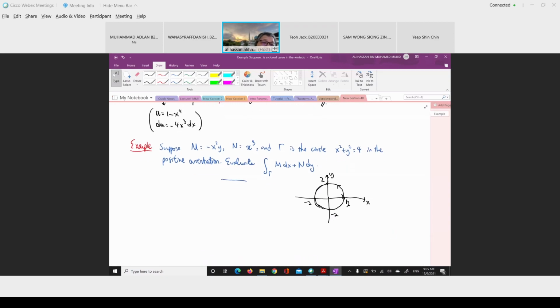So by Green's theorem, this line integral M dx plus N dy is equal to the double integral, where we call R the region bounded by this circle, of the integrand N partial x minus M partial y dA.